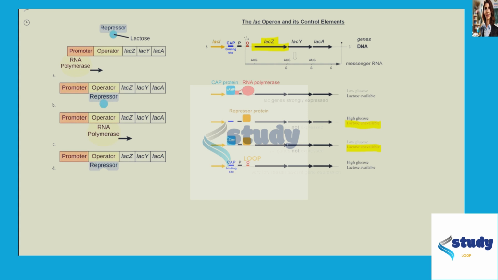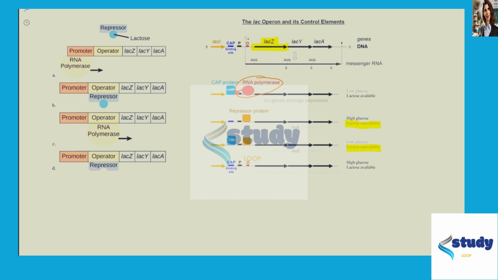So we should know that the RNA polymerase, as depicted back in our first figure on the right-hand side, will only bind to the promoter region when our repressor protein is not bound. So we can only have one bound at a time. Either the repressor is bound to the operator or the RNA polymerase is bound to the promoter. Both can't happen at the same time.